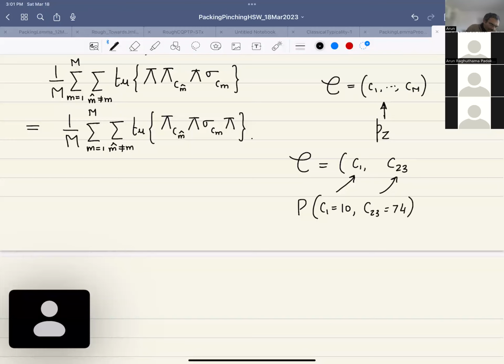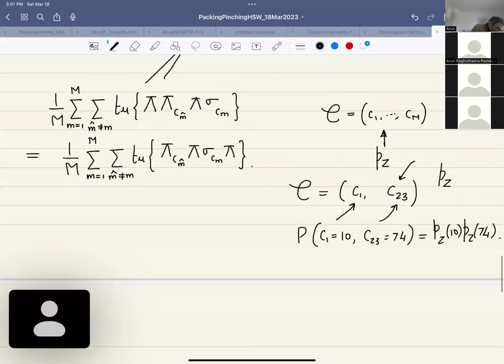Well, it is just PZ of picking 10 times PZ of picking 74, because I've chosen each index of that subcollection randomly, independently, according to the distribution PZ. That is my distribution on the collection.